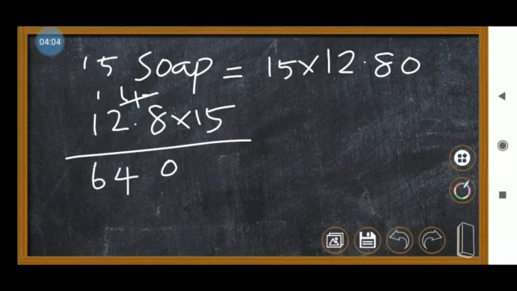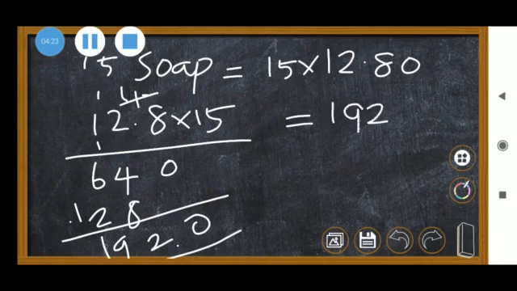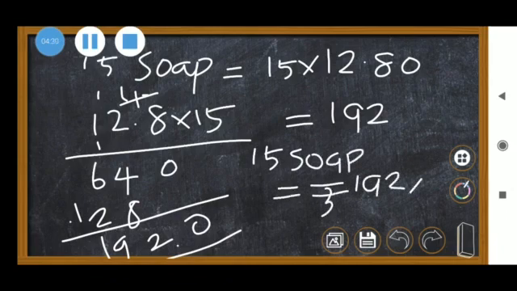Same way, 8 times 1 is 8, 8 plus 4 is 12, 6 plus 2 is 8, 8 plus 1 is 9, so 192.0, which we can write as 192. So 15 soap price is 192 rupees. This is the correct answer. This kind of calculation only we have to do. So we'll move to the next problem.